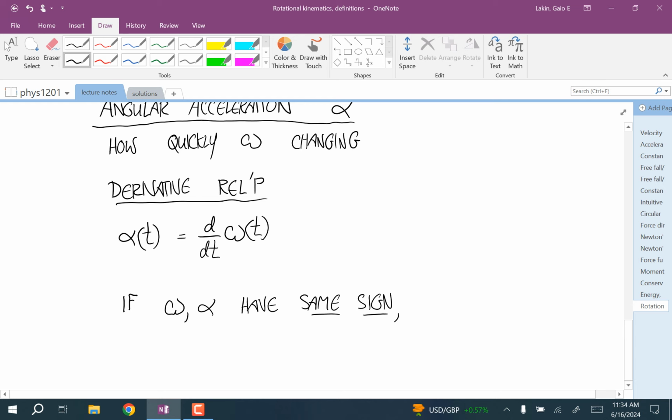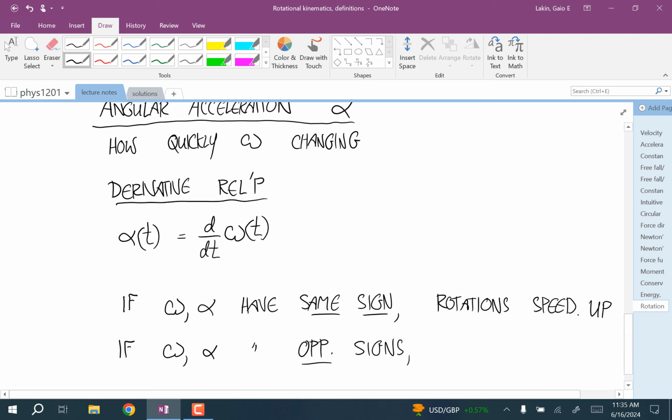It works the same way as translational quantities, so this means that the rotations would be speeding up. And on the other hand, if omega and alpha have opposite signs, the rotations are slowing down.